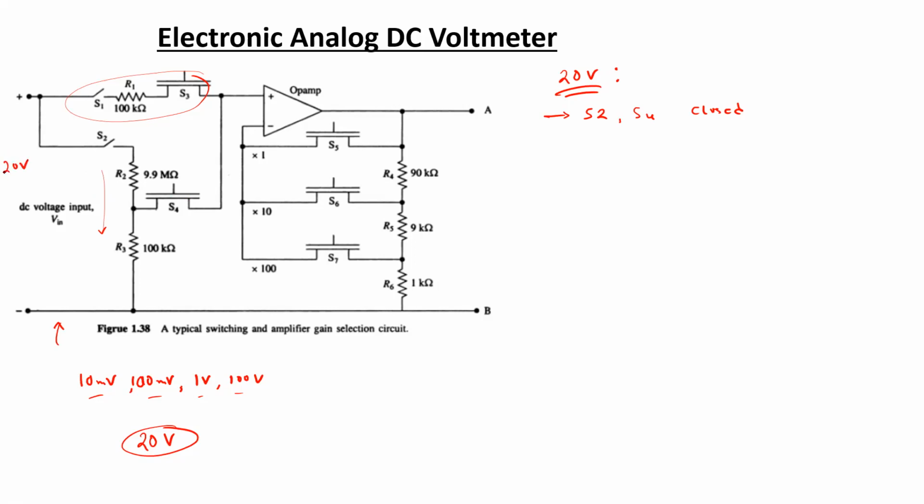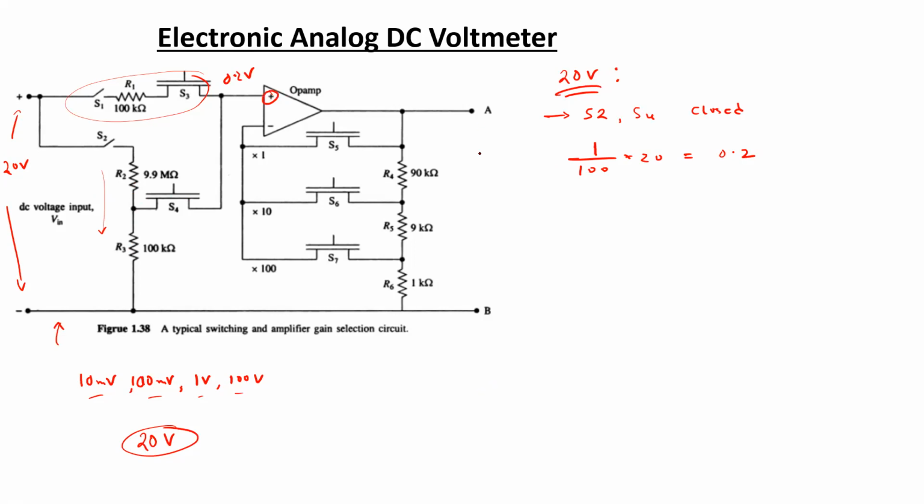Let's say 20 volts is considered along these two terminals. So this voltage divider is going to divide the voltage into 0.2. So 0.2 volts is getting supplied at the non-inverting terminal of the op-amp.